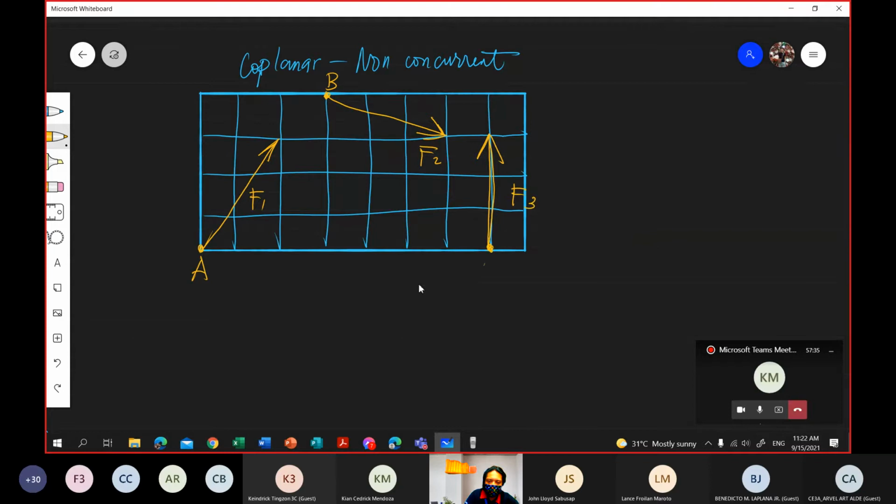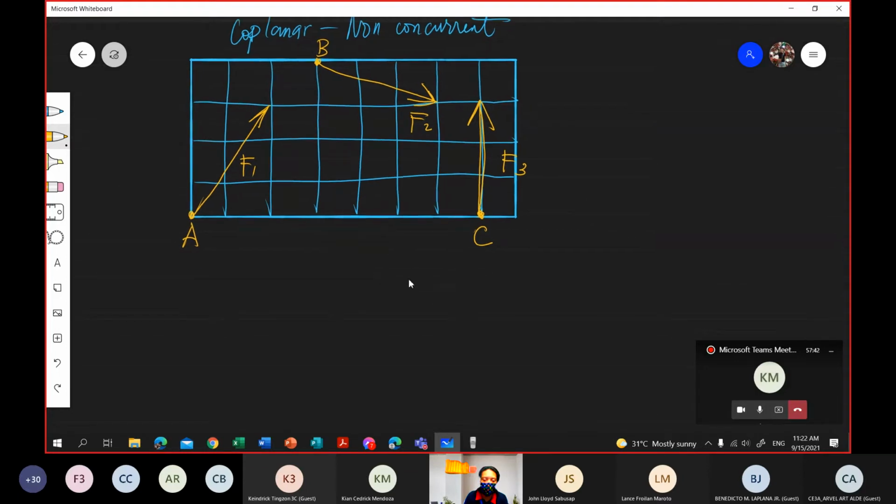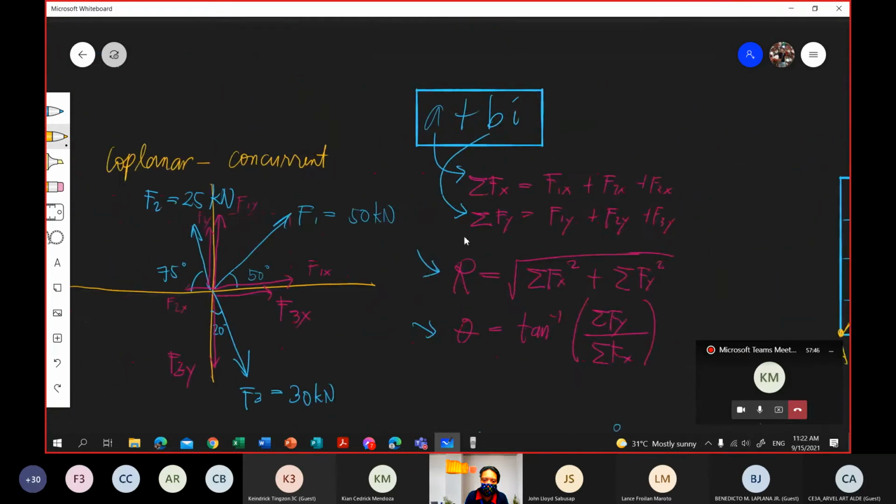Tapos say this is C. Okay. So sugad hini, coplanar and non-concurrent.